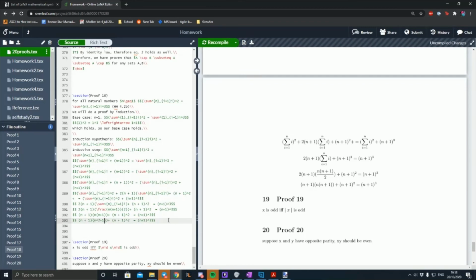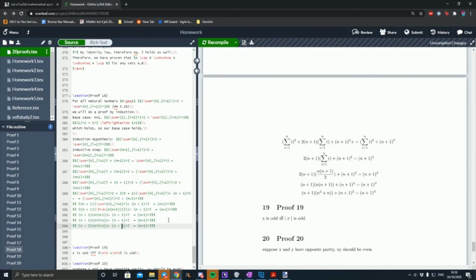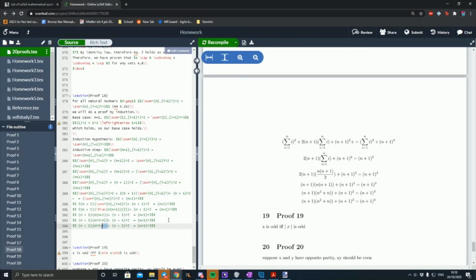n squared plus n times n plus 1 plus n plus 1 squared is equal to, so let's see, we have n cubed plus, you don't need to do that. You can just group n plus 1 with the other n plus 1.